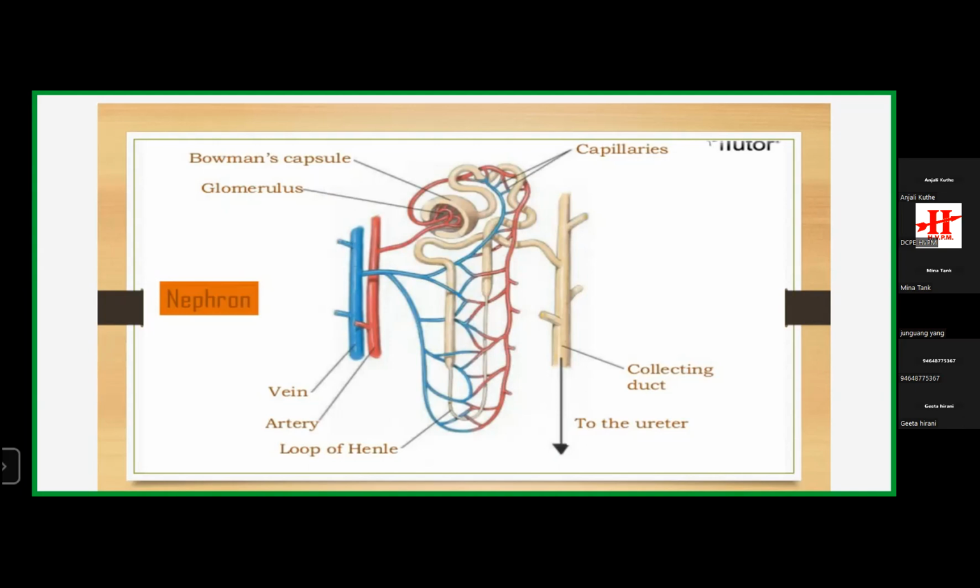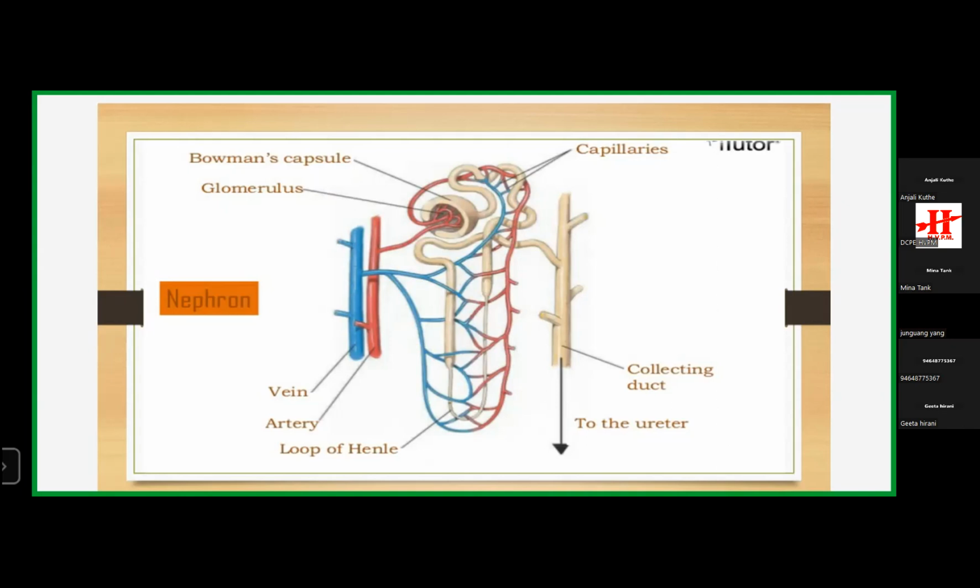In the cup-shaped part there lies a network of blood capillaries known as the glomerulus. Together, the glomerulus and the cup-shaped part are known as Bowman's capsule, a capsule-like structure, and below it are some parts known as the proximal convoluted tubule, distal convoluted tubule, then the loop of Henle, the U-shaped loop of Henle, and the last part of this nephron is the collecting duct.